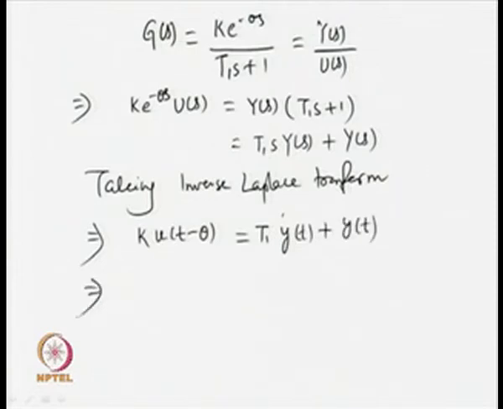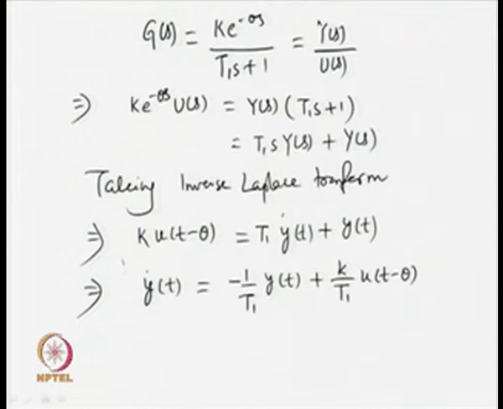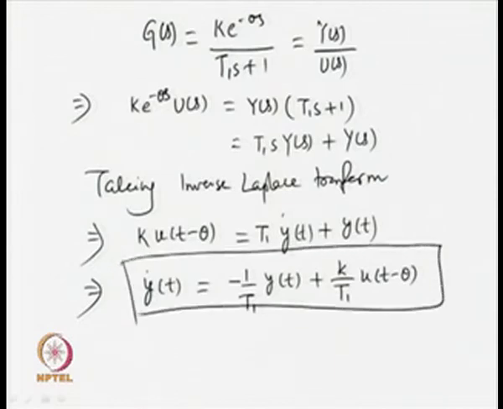So, rearranging gives us y dot(t) is equal to minus 1 upon T1 y(t) plus k upon T1 u(t minus theta). Now, I get a first order delayed differential equation. Why do I say this delayed differential equation? Because of the time delay term theta in the differential equation.